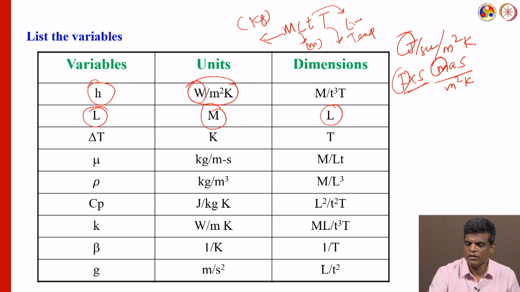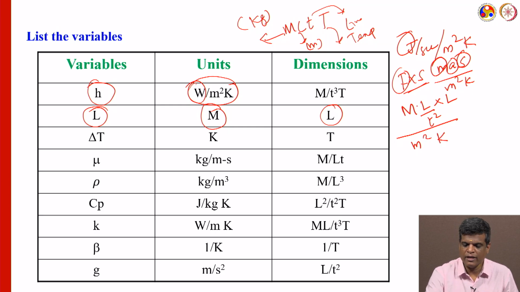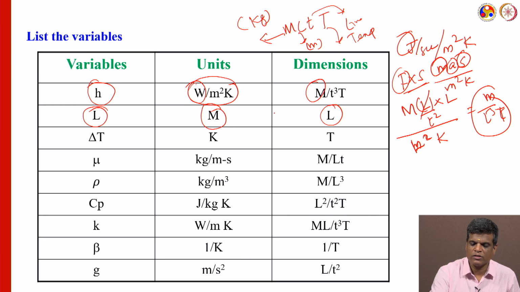M stands for mass, and acceleration is L by T square, then one more L is there for the distance S, and below is meter square Kelvin. The length we always write as L square for meter square. So, we get cancellation, and finally we get M, T power minus 3, and temperature. One is mass, then time, then temperature.